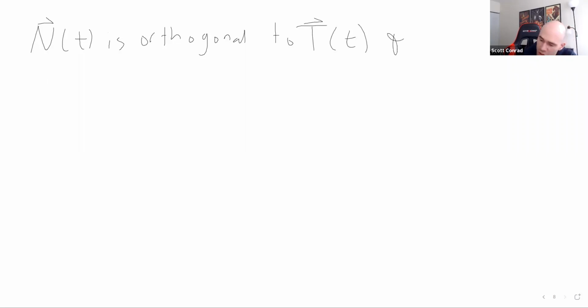So here's what this looks like. The unit normal is at every point orthogonal to the unit tangent. The unit tangent points in the direction of travel. And the unit normal is going to point towards, let me see, what is the best way to put this?